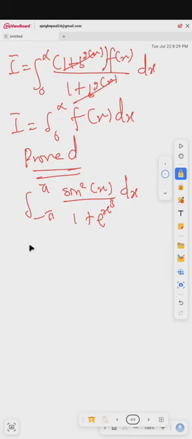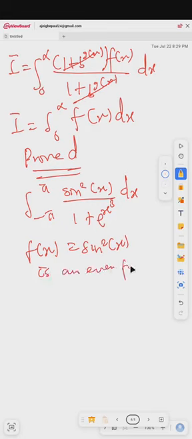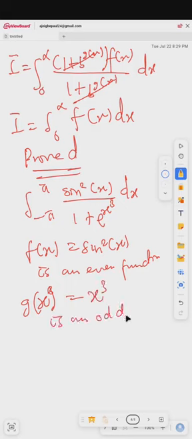So f of x is the numerator, which is sine squared of x, and we can see that this is an even function. More so, x cubed is the g of x, so we have g of x equals x cubed, and it is an odd function.